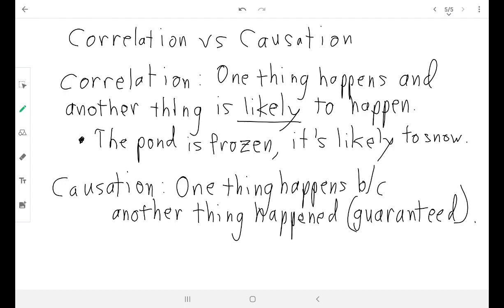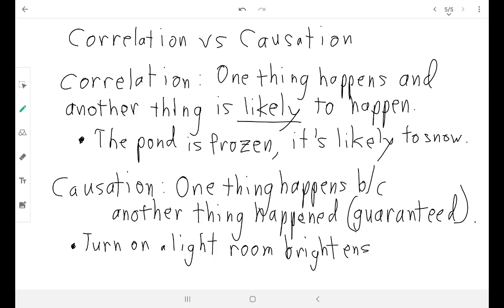If you've got causation, you know it's going to happen every single time. Okay? The example that they have in here is if you turn on a light, the room brightens.